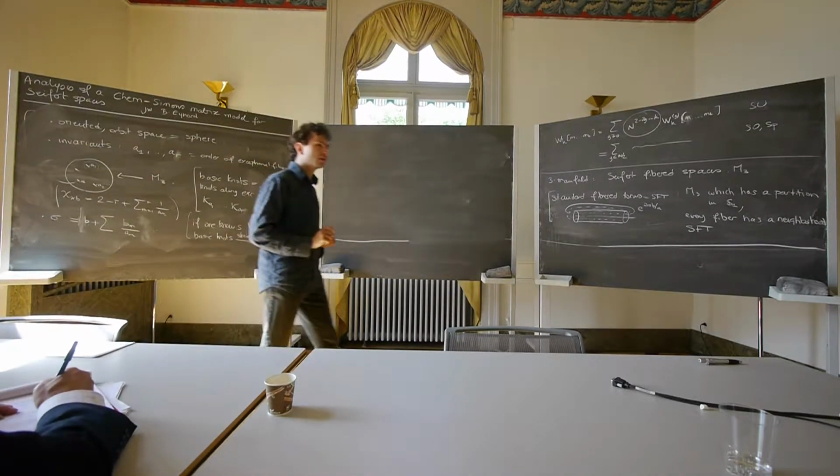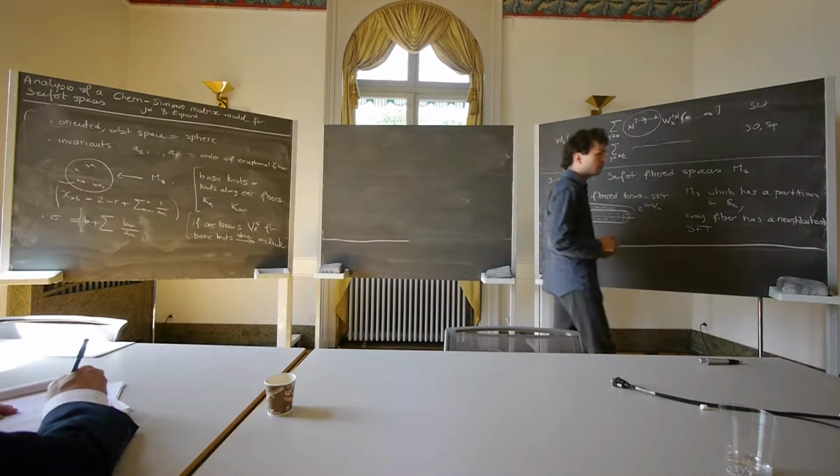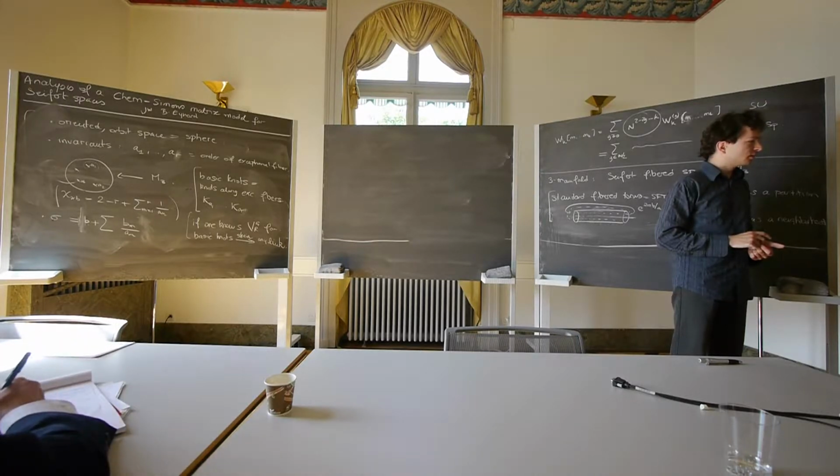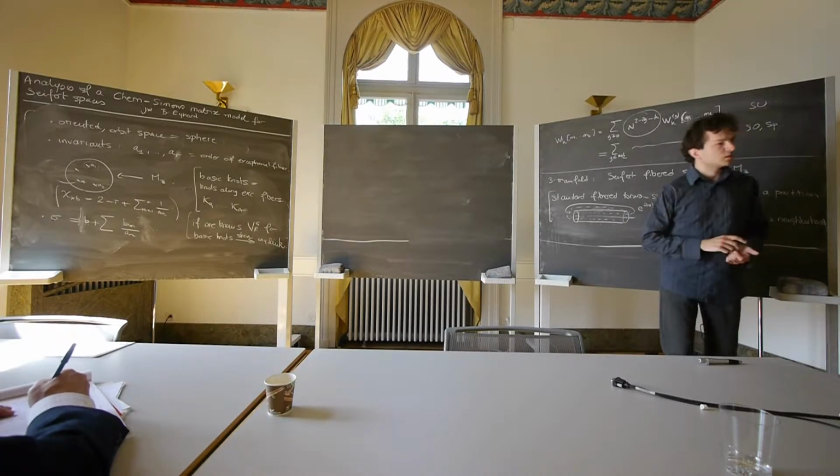Okay. So if you have connected sum of these two basic knots, how can you calculate them? I mean, the scaling relation is probably not enough to do the connection of these two basic knots.